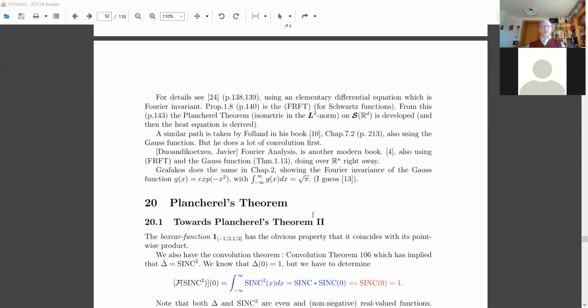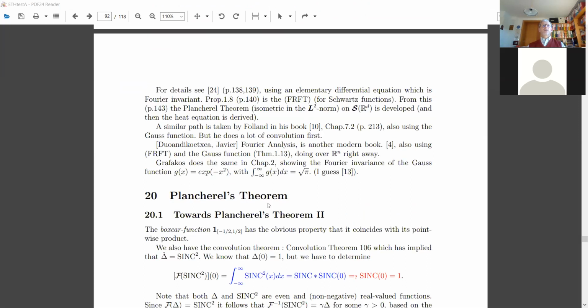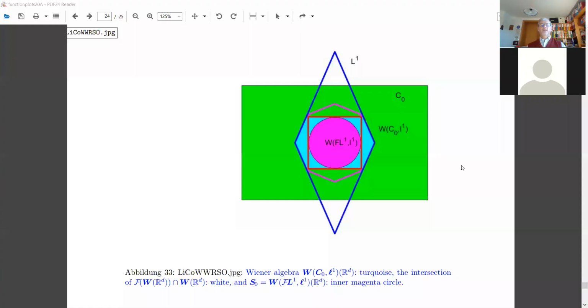Now, I would like to use that once more to recall that we are using certain function spaces. So I'm sharing another screen now. And we have started to use these amalgam spaces.